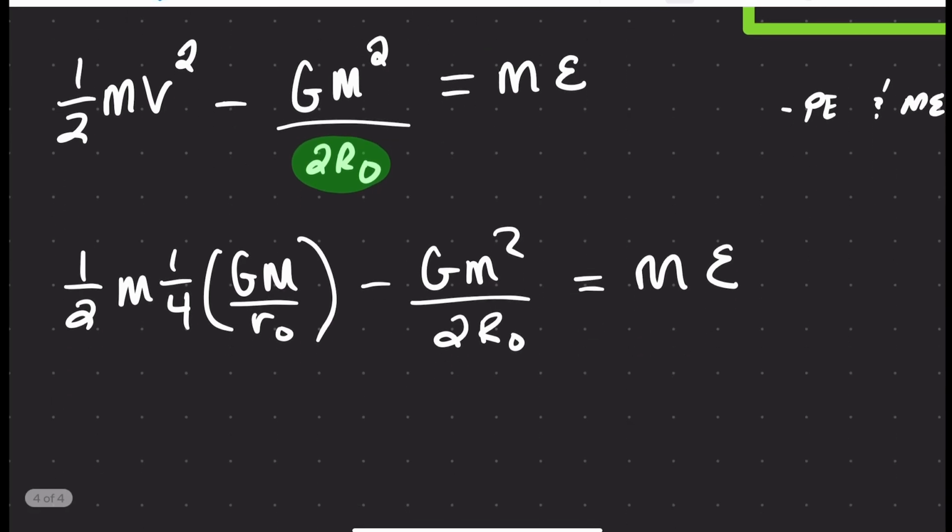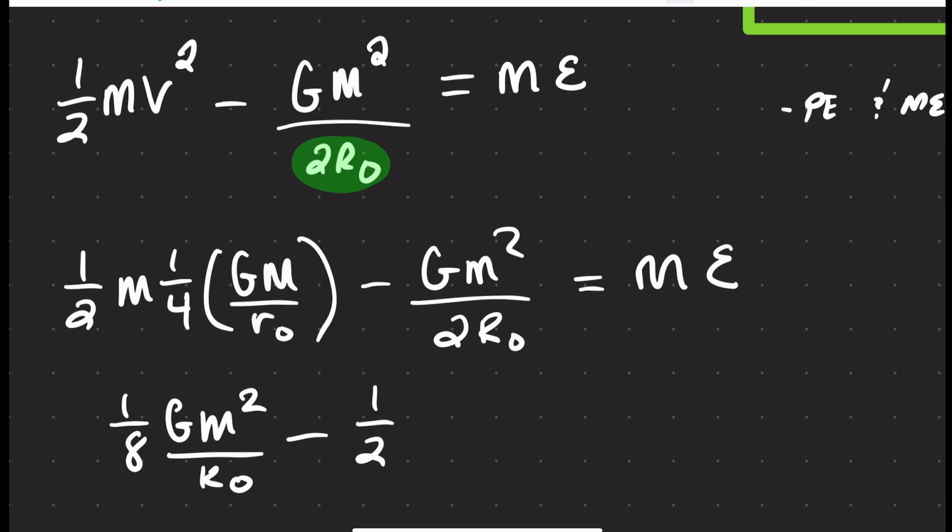And so maybe we can simplify this a bit. We get 1/8 GM squared over R naught minus 1/2 GM squared over R naught equals our mechanical energy.